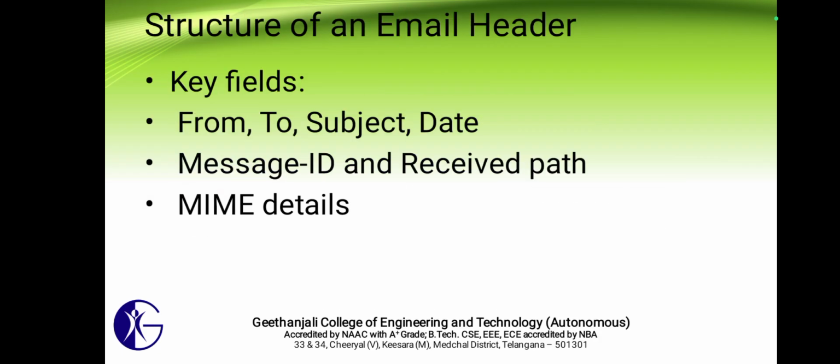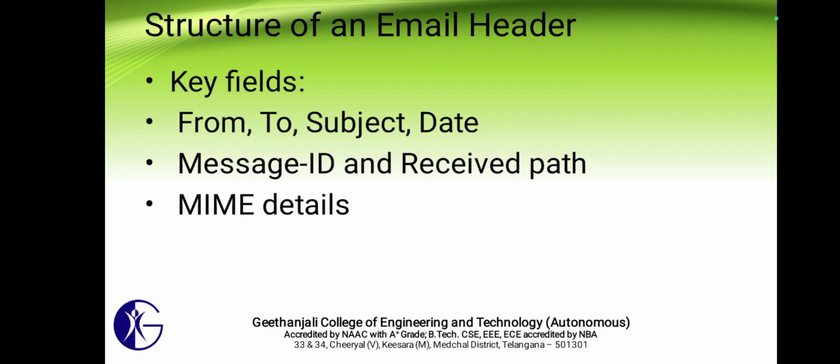Structure of an email header. The email header is a critical component for forensic investigation. It contains routing information such as from, to, subject, date, and received lines. The received field is particularly useful as it records each mail server that handled the message, including the IP address and timestamp.